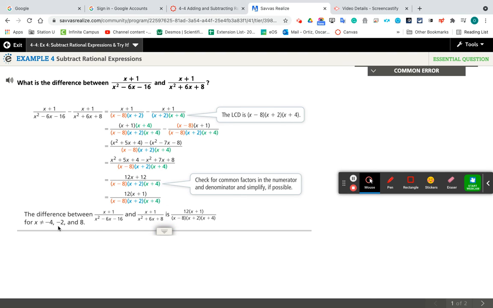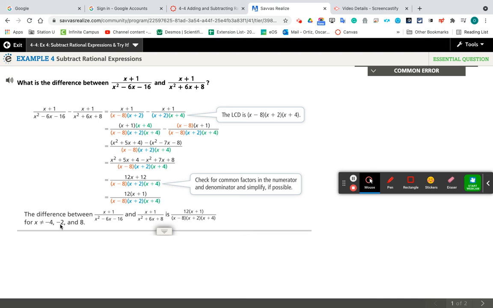Notice that at some point we are talking about x plus 4 over x plus 4, so x has to be different from negative 4 for us to be able to do that, because we cannot multiply top and bottom of a fraction by 0. That is something that doesn't exist in math.